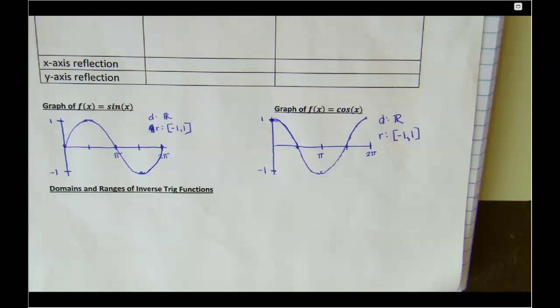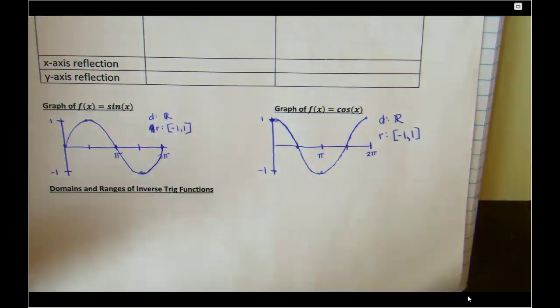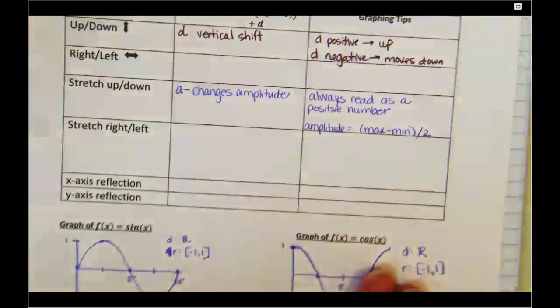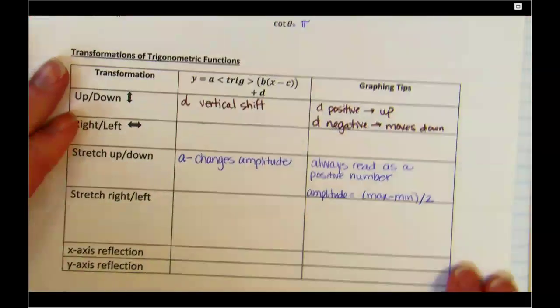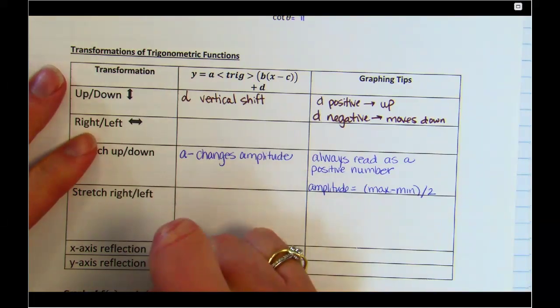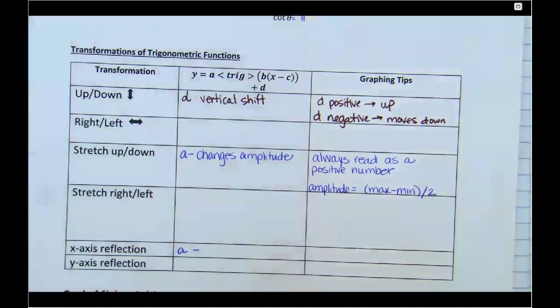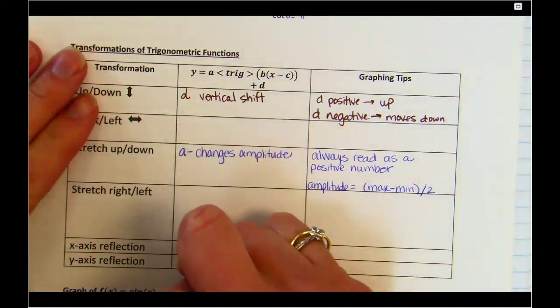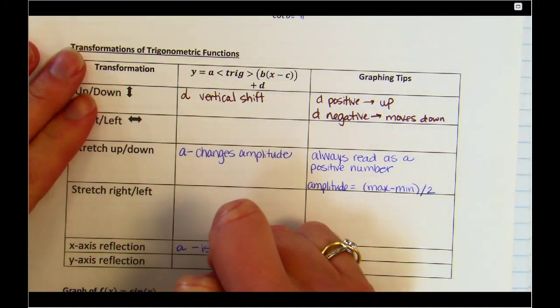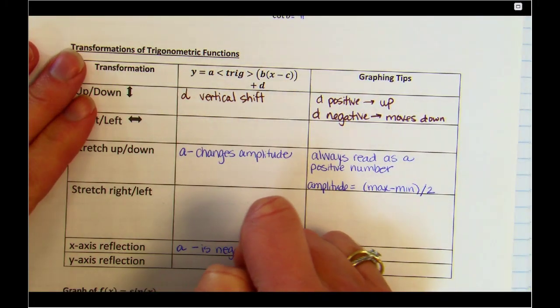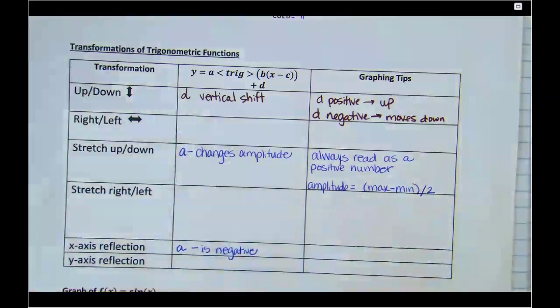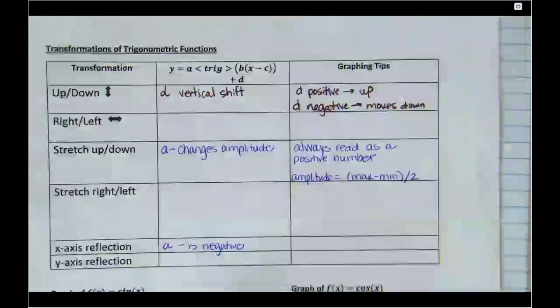So, x-axis reflection happens when A is negative.